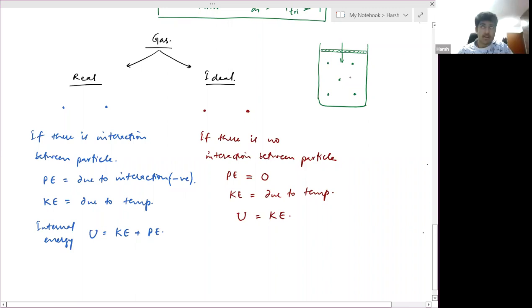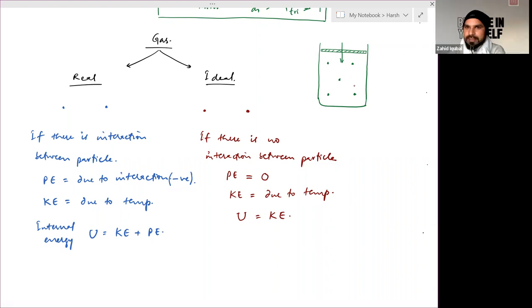Particle separation will decrease. Good. So on decreasing particle separation, the attractive force between them will increase. Is it clear? Yes. So they will tend to be more interacted with one another, so we'll have more potential energy due to interaction in that case.